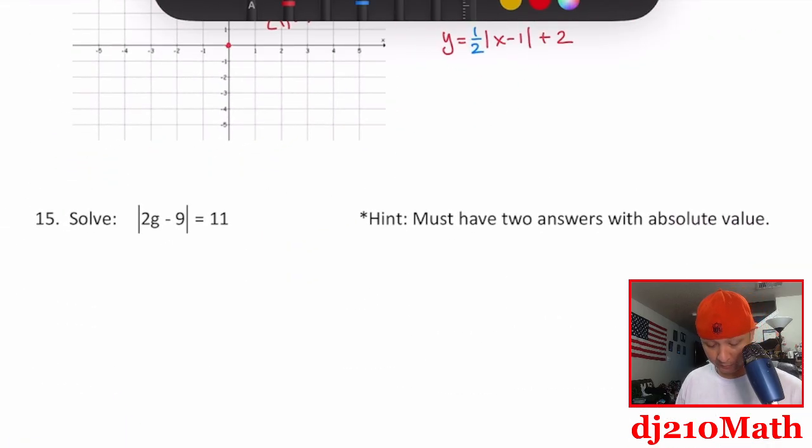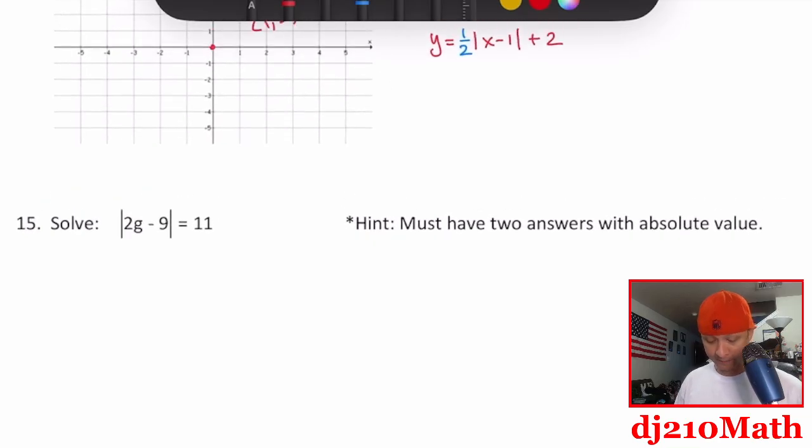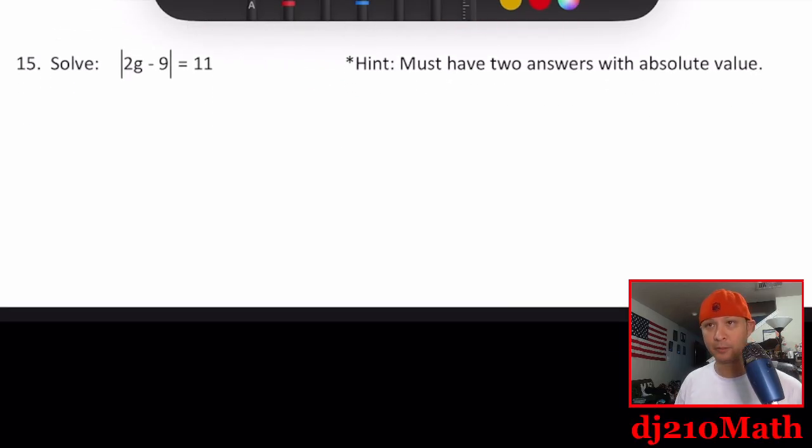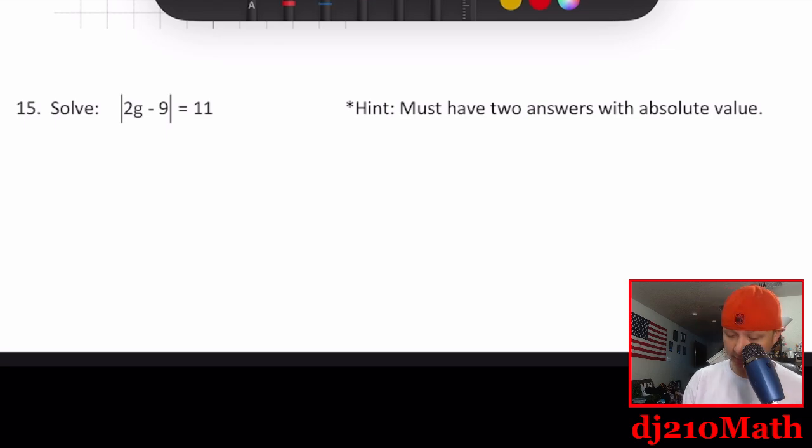Sorry. Excuse me. Okay. Number 15. We're solving an absolute value. So there's a hint here. Must have 2 answers. Okay, so that's telling me something. So how do I get 2 answers? That's the question. And it comes from splitting this into 2 equations.